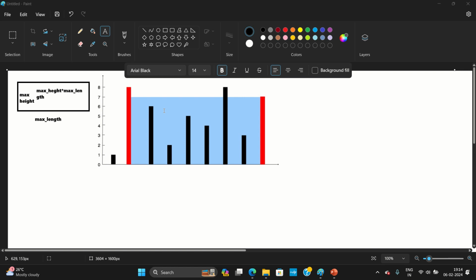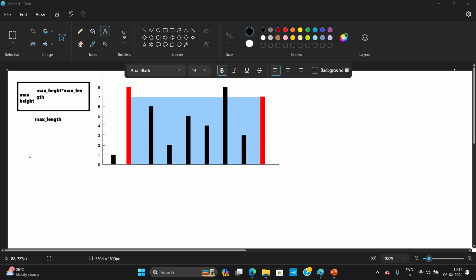Our target is always to get the ideal, but we never get the ideal things in life.